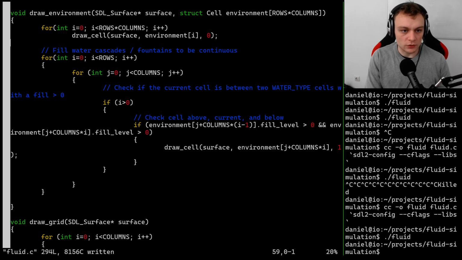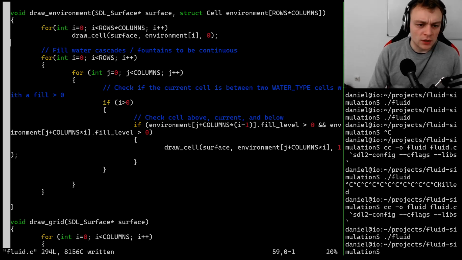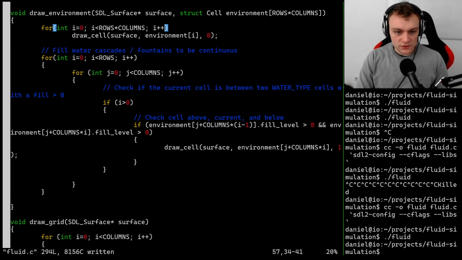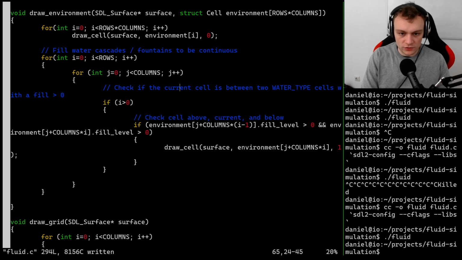So we loop over all the rows and columns and check if the current cell is between two water type cells. Do we check if the current cell is between two water type cells even? No, we don't check that.